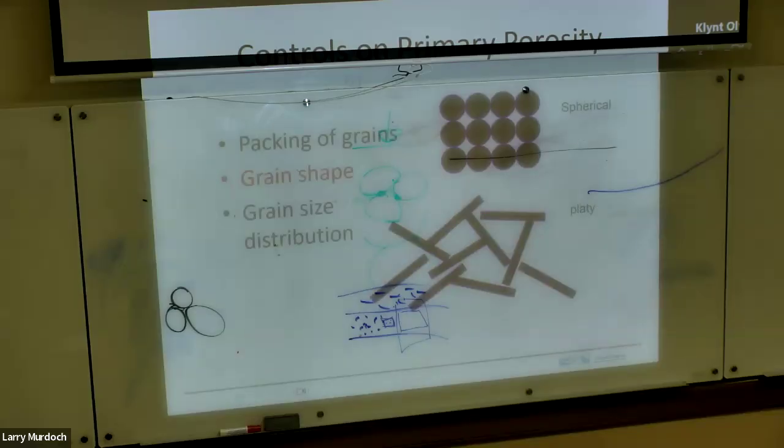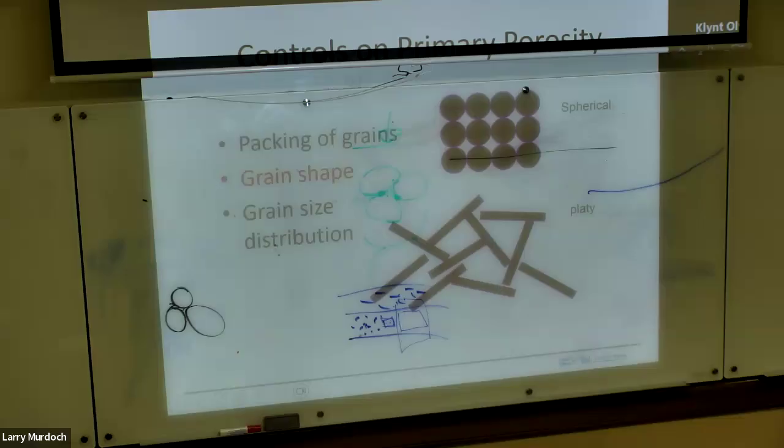Okay, so here's another control, grain shape. So here's one kind of shape, a sphere, but there are some grains that are platy. So this is a plate in cross section. Clay minerals, for example, have this shape.